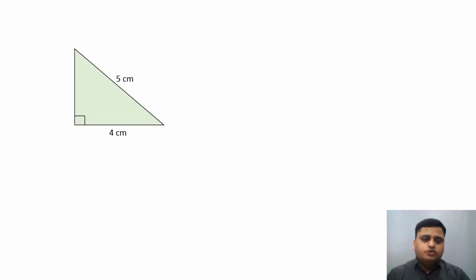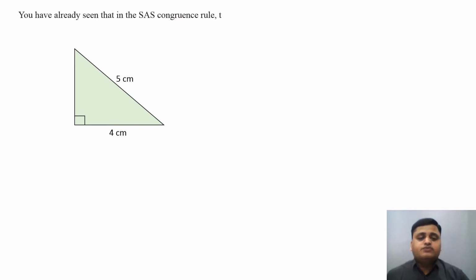Now in this one you can see we have taken a triangle. We have taken a right triangle whose side measurements are 5 centimeter and 4 centimeter. I have taken the hypotenuse as 5 centimeter and the base as 4 centimeter, and this is which type of triangle? A right angle triangle. You have already seen the SAS congruency rule, which I explained in the earlier class.